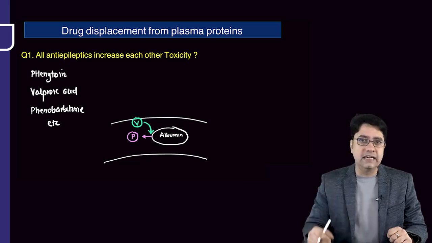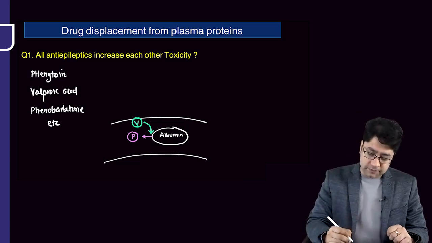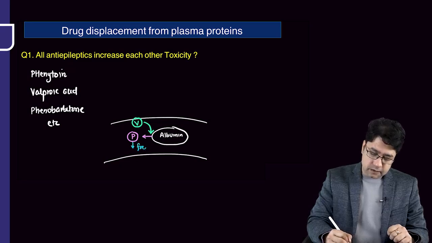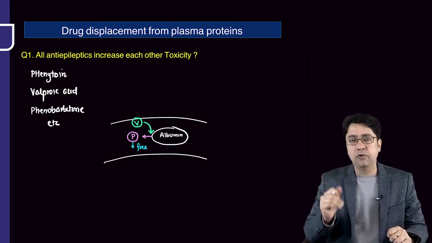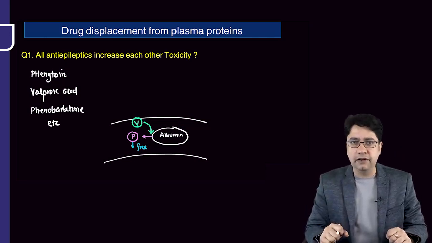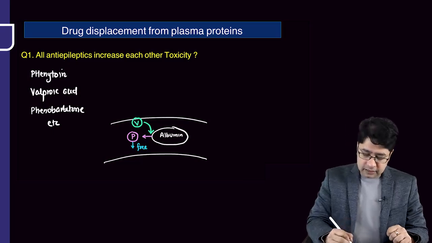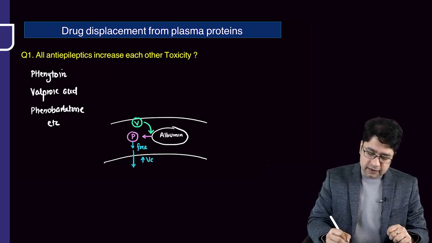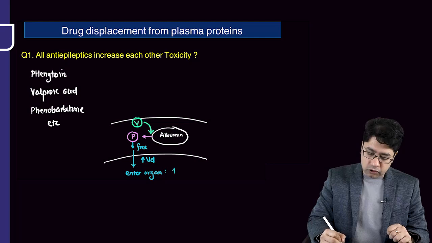It is also an acidic drug. Because of this reason, this phenytoin will become free. And the plasma protein binding of phenytoin will get reduced. That means now it is free, its volume of distribution will increase, it will enter into the unwanted organs, and phenytoin can lead to toxicity.